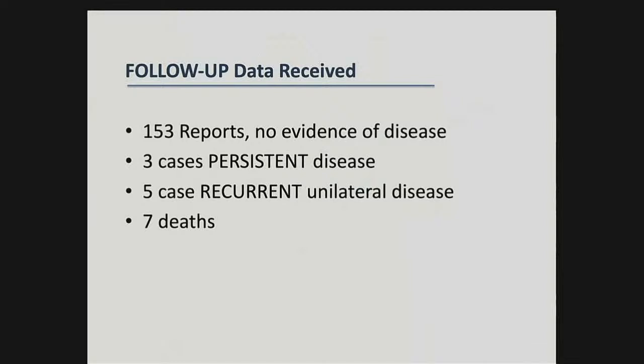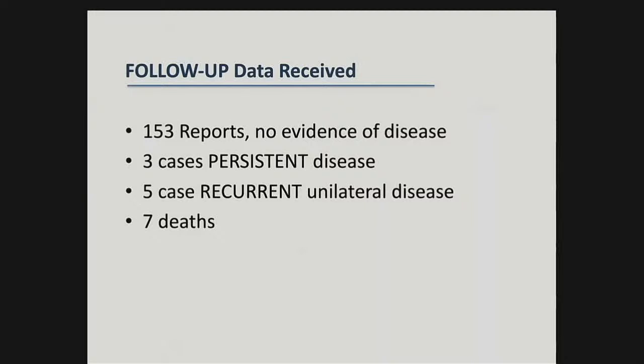Annual follow-up data is collected on all patients in our registry. We have a response rate of approximately 60%. In 153 reports at a mean 2.2 years after diagnosis, the majority of patients here have no evidence of disease.